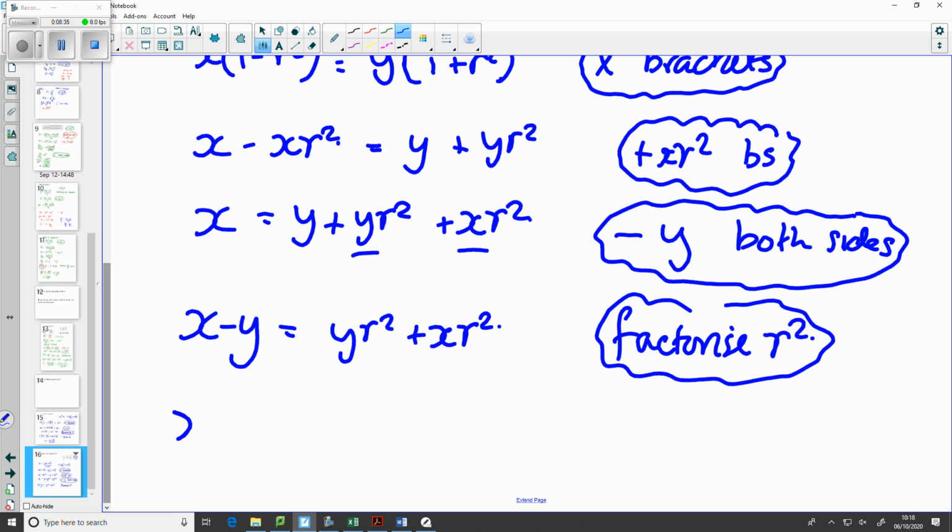So x minus y equals r squared times y plus x, divided by y plus x.